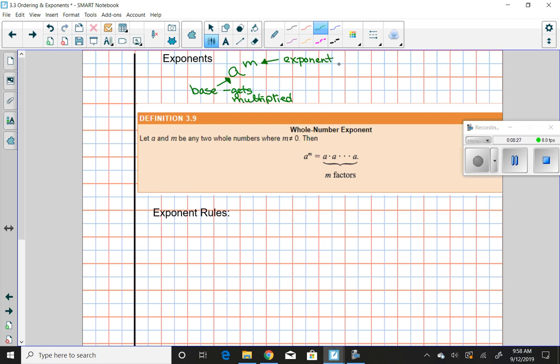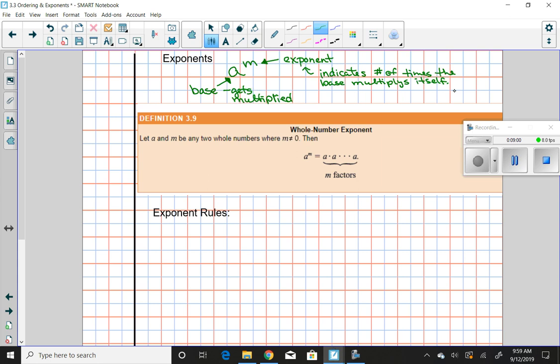The base gets multiplied, the M is the exponent, and it tells me how many times to multiply the base. It indicates the number of times the base multiplies itself.